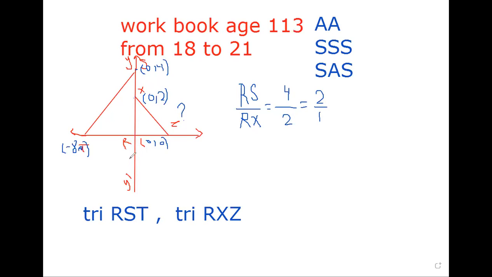Now, what is the length of RT? The point T is -8 and 0. What is the distance from the point 0 and 0, from R to T? It is 8, because we can't describe a distance by a negative number.